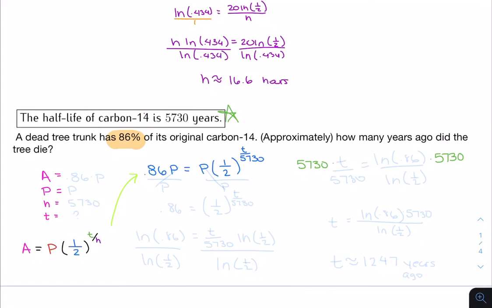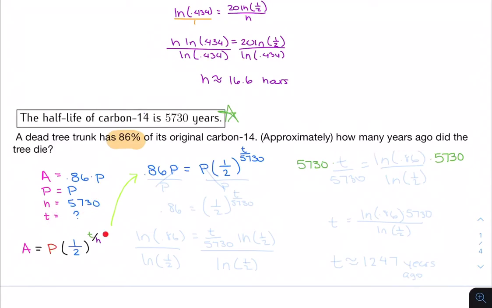So we don't know the original amount, so we're going to use P. And since the future value is 86% of the original value, we're going to take 86%, turn that into a decimal, and multiply it by p, because that is how you find a percentage of something. And the half-life of carbon-14, as we said, was 5,730, and we are looking for how many years ago that happened, so we're looking for time.